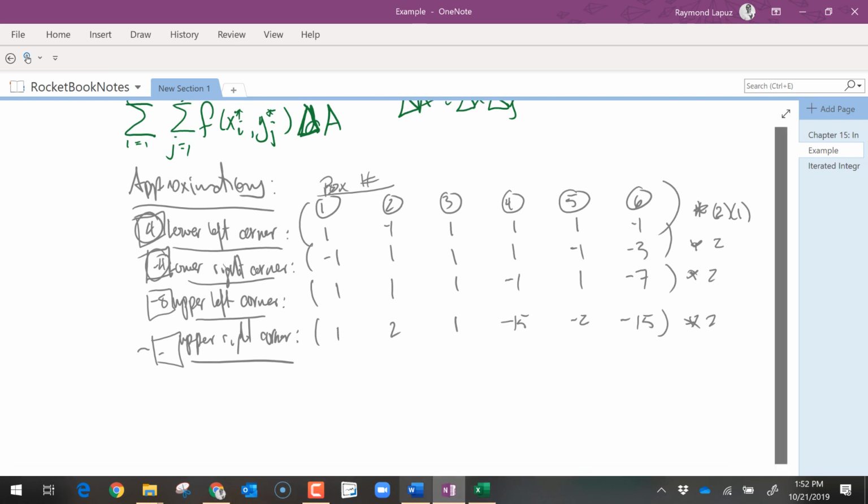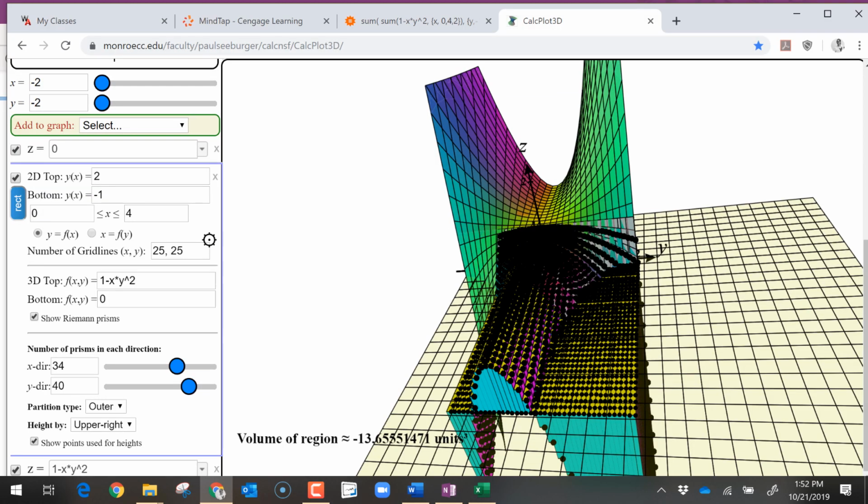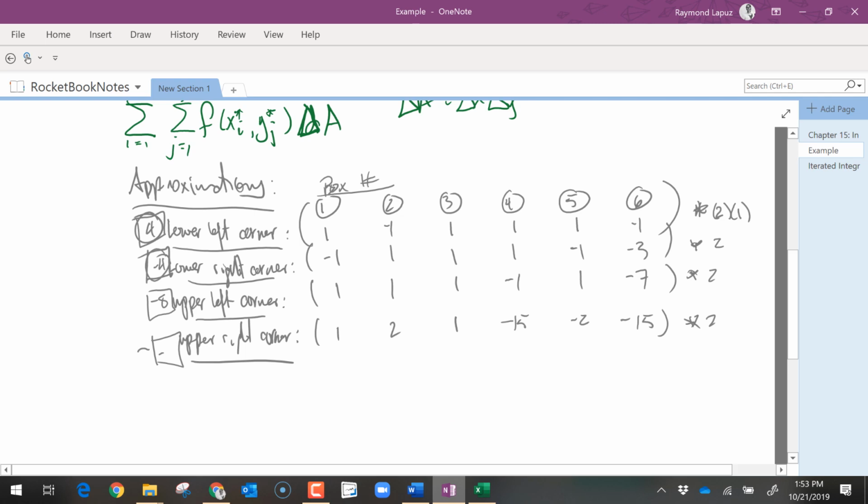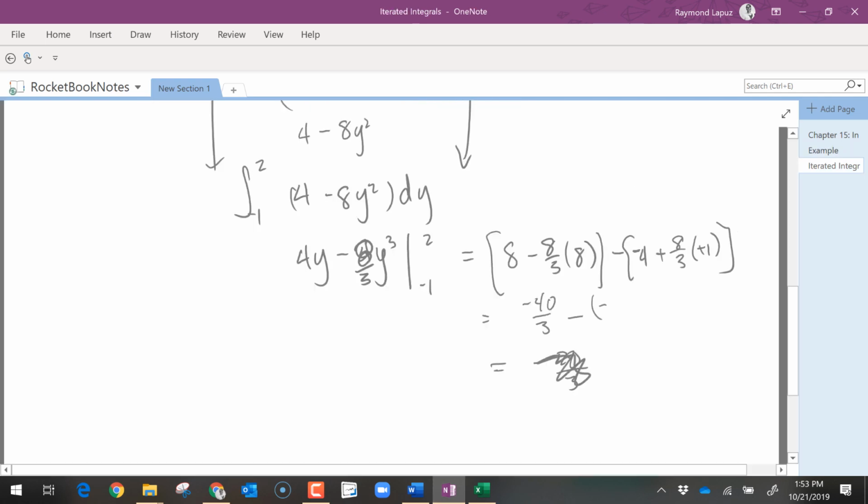But let's take a look at this approximation that they have on a computer, where we have 34 in the x direction and 40 in the y. So it looks like it's -13. Wait, that's not too close. What? -12? So it looks like it should be -12. So that approximation of -13 is closer to -12. So that means it must be going in the right direction.